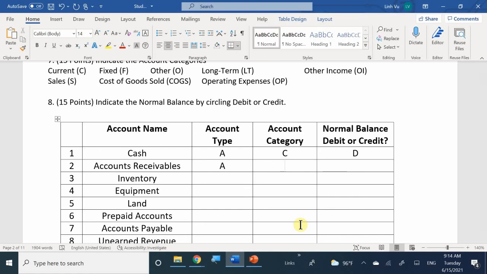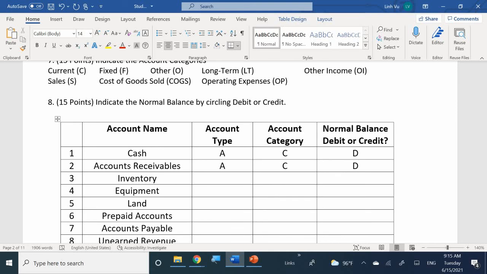Is there such a thing as a long-term asset? It will definitely be current because I can go to my customer and demand my money back. I can send them letters and say, hey, pay up. And what kind of normal balance would accounts receivable have? Normal balance is a debit. Yes, it's an asset, so it will normally have a debit balance.